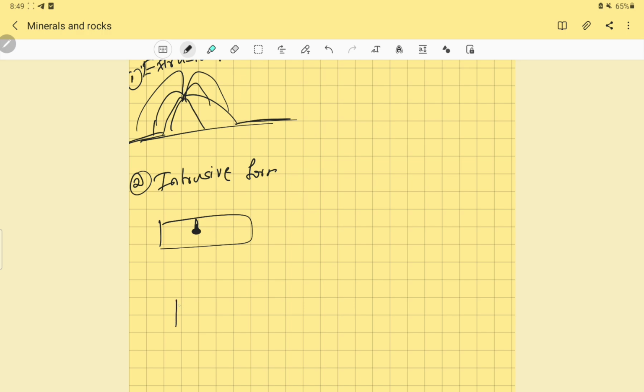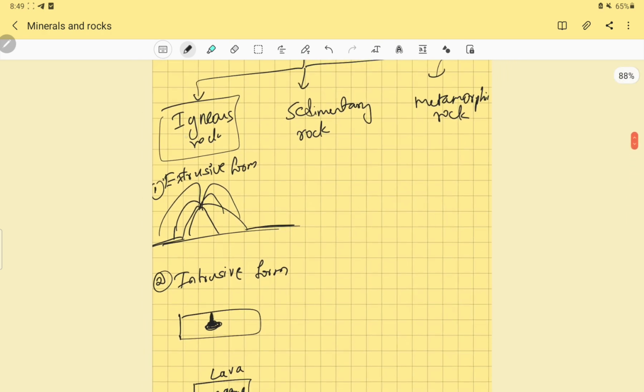When the magma is inside the earth, it's called magma, but when the same magma comes outside the earth, it is called lava. Intrusive forms of igneous rocks are those rocks which solidify in the earth. They don't come outside in a volcano, they just solidify inside the earth and form a different shape.